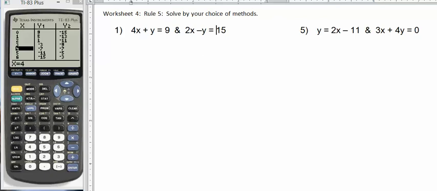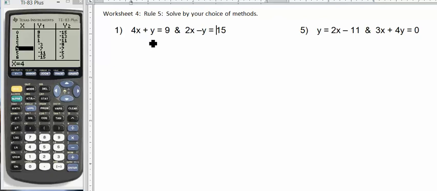So on this particular one, we would want to solve it by elimination, or combination. The reason we know that is because they're both in standard form. We have our x and our y, and our x and our y. So the goal is to get something on this one opposite of something on this one. In this case, it's already done.